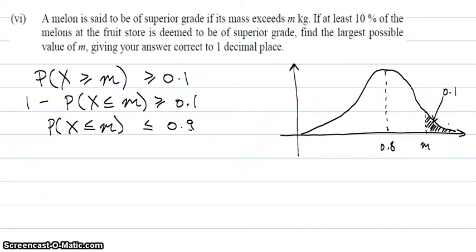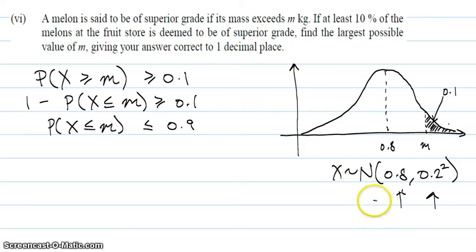So, what do we do? Well, we remember x is normally distributed with a mean of 0.8 and variance of 0.2 squared. So we can use our inverse normal on this. There's no need to standardize it this time because we know both the mean and the standard deviation.